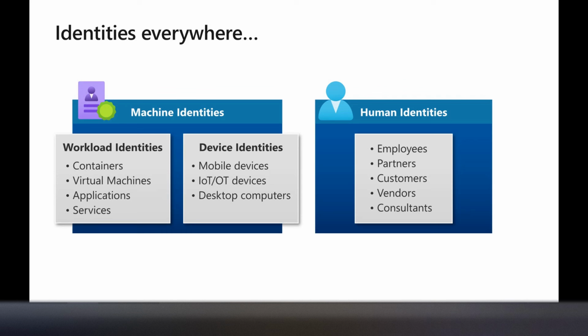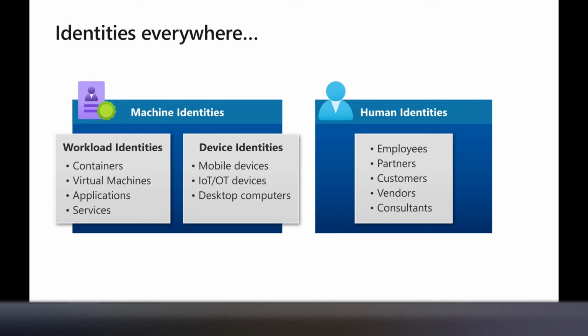We are going to be talking about workload identities, or machine identities, which can be divided into two. Workload, which is related to a piece of software that is running. It can be a service or a virtual machine, container, or an app service, things like that.